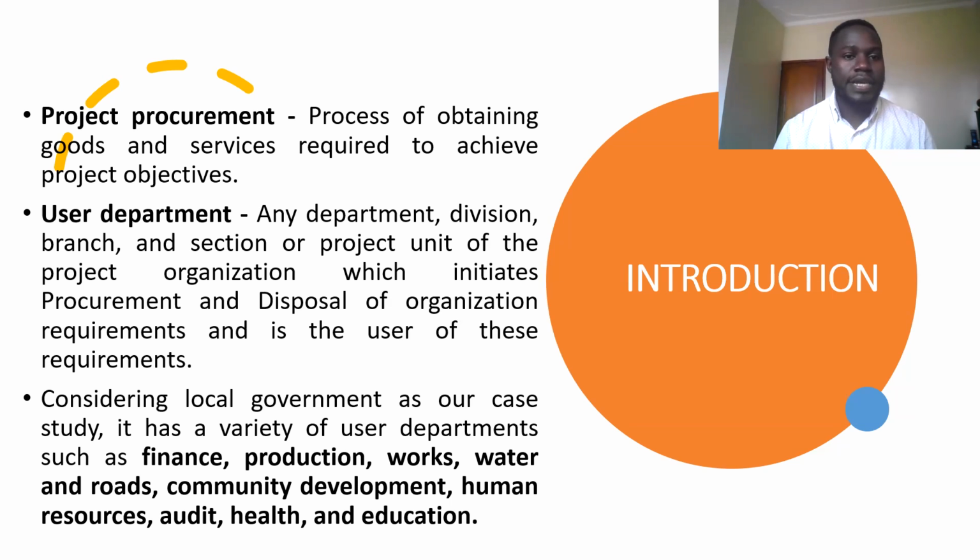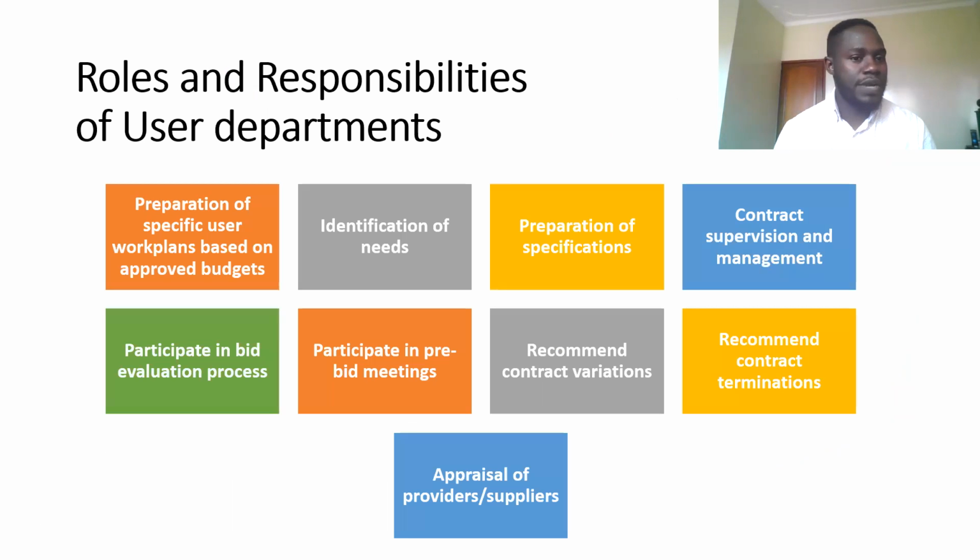So let's go ahead and talk about the roles and responsibilities of user departments. Role number 1 is preparation of specific work plans based on approved budgets. Here, all the user departments are involved in this procurement process. For starters, they all write their work plans and forward them to the Chief Accounting Officer, the CAO, for approval.